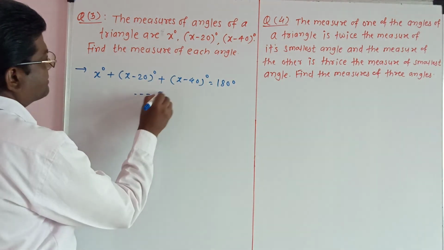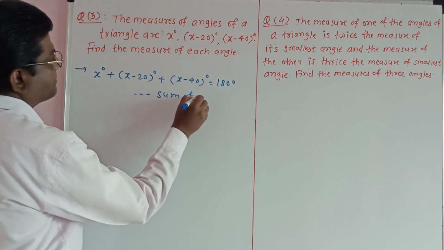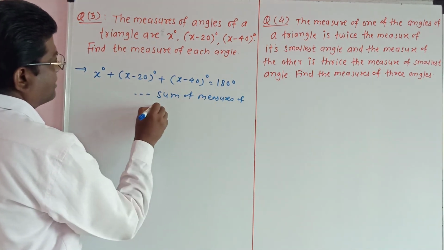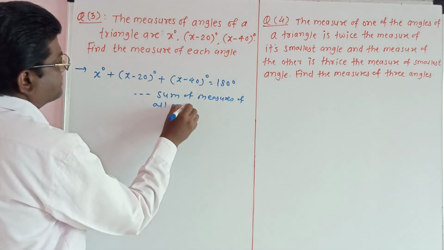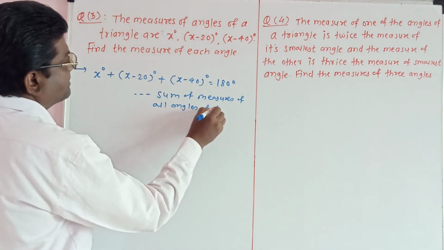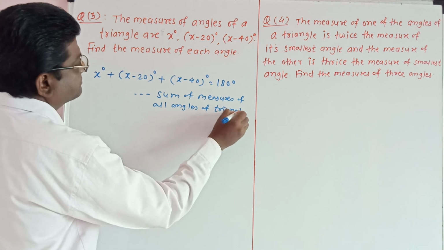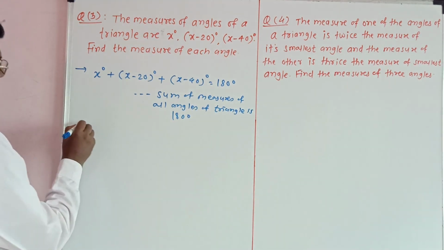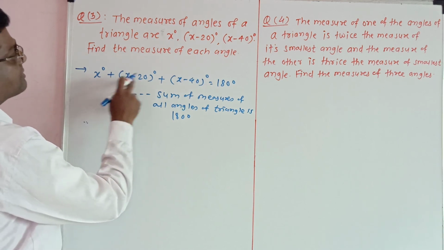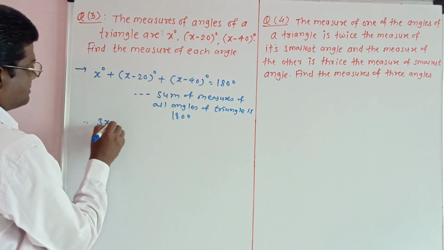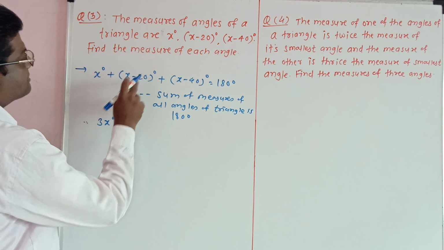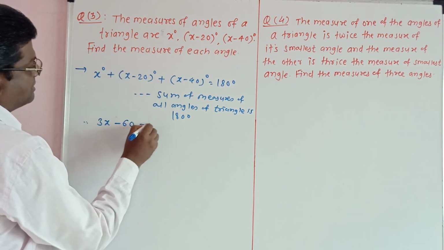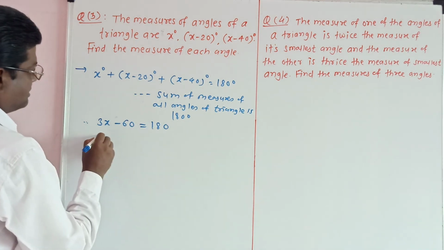And the reason is the sum of measures of all angles of a triangle is 180 degree. Therefore, x plus x plus x is 3x degree minus 3x minus 60 is equal to 180.